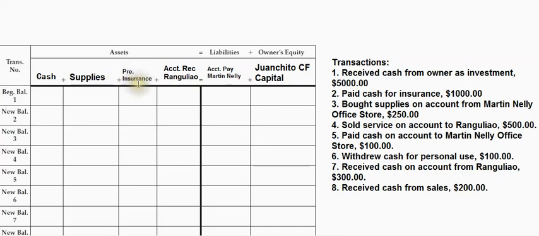Prepaid insurance is definitely an asset because it protects you from any kind of risk. And also accounts receivable, that is the debt in favor of you. When you collect it, you are going to have money. Liability, in this case, we have only one account, and the owner's equity, that is the capital. Capital is the account that summarizes the owner's equity.